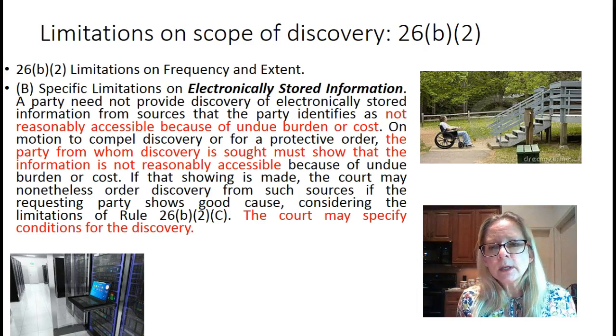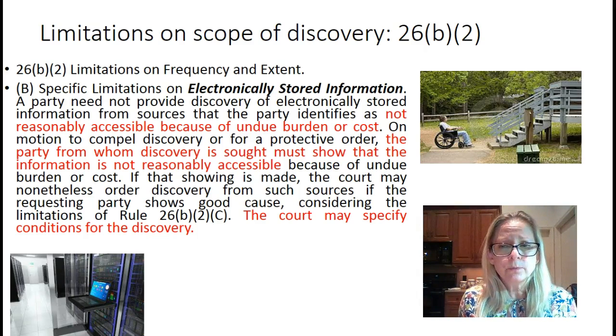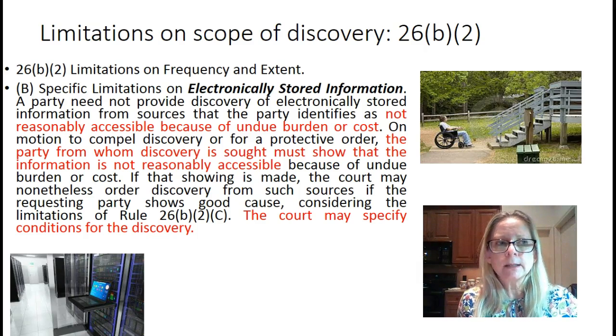And where this comes from is there were several cases early on in this whole electronically stored information revolution where information was sought that was not contained in online sources like emails, word processing, things that you could just go to your computer and pull up, basically.